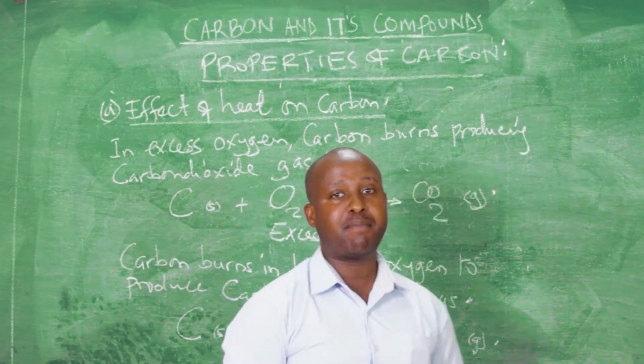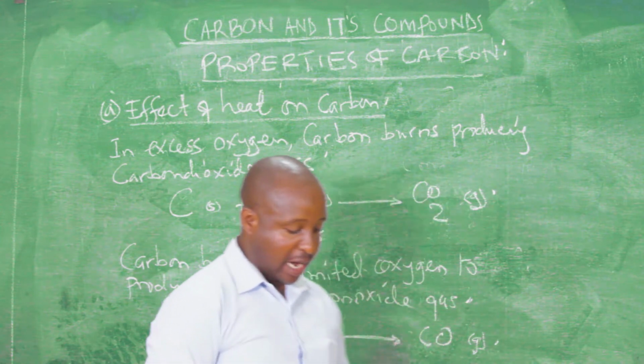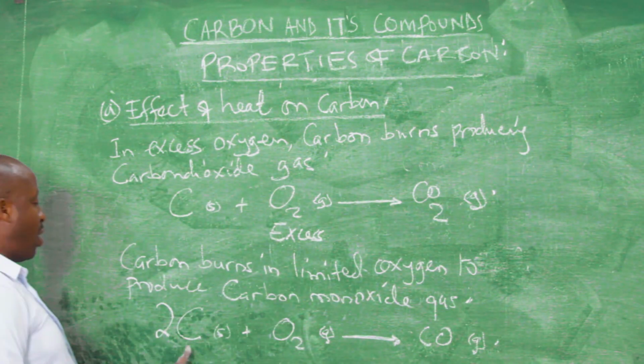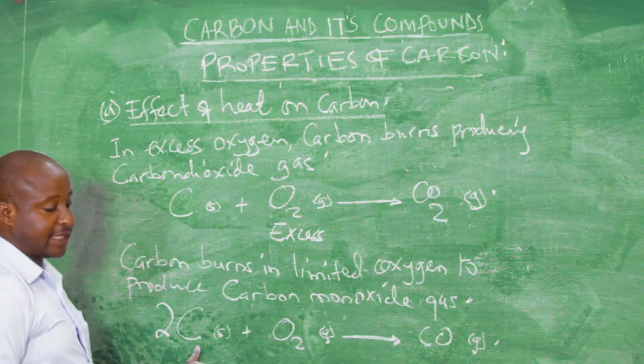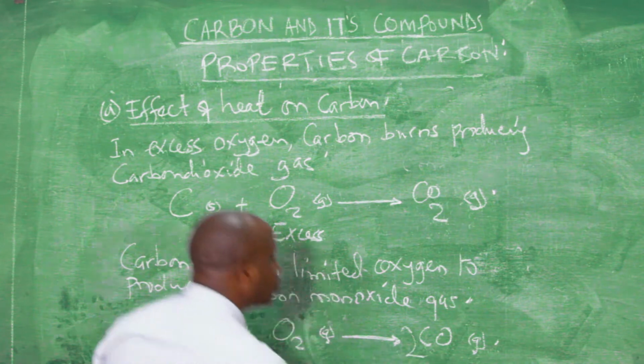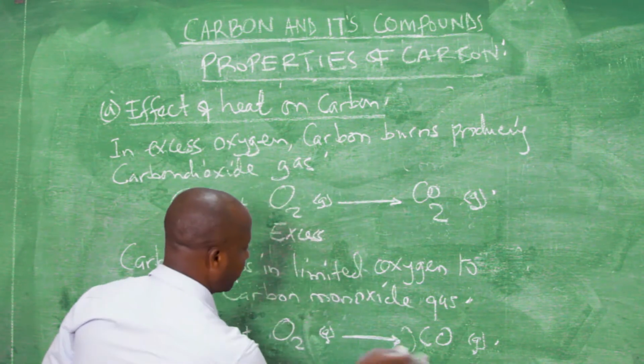We need to balance this equation. In balancing this equation, we shall find we have 2 moles of carbon reacting with 1 mole of oxygen to produce 2 moles of carbon monoxide gas.